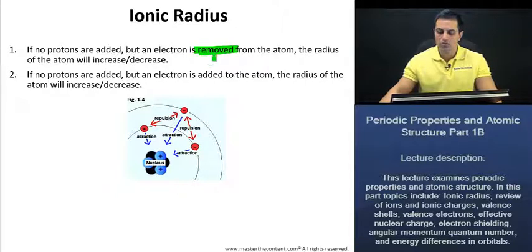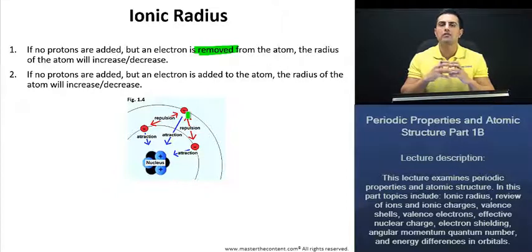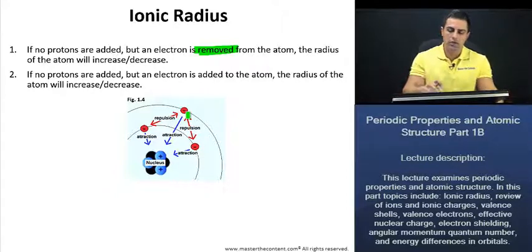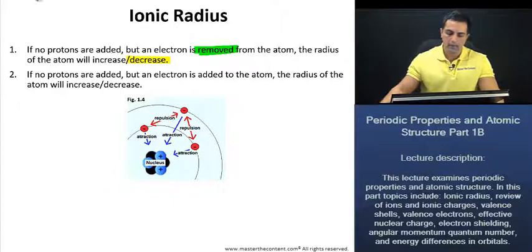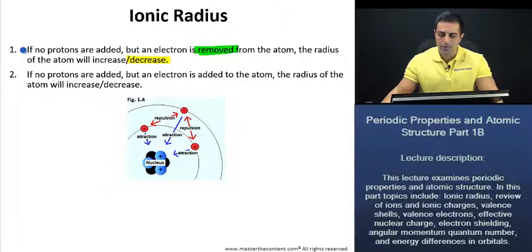If the electron is removed from the atom, we're taking away repulsive forces. So if we take away repulsive forces, then the atomic radius is going to decrease. Thus, if no protons are added but an electron is removed from the atom, the radius of the atom will decrease.